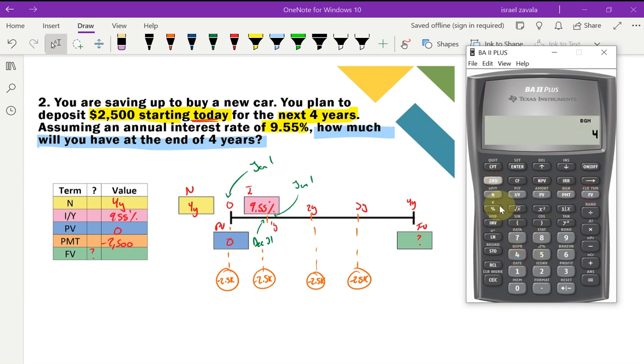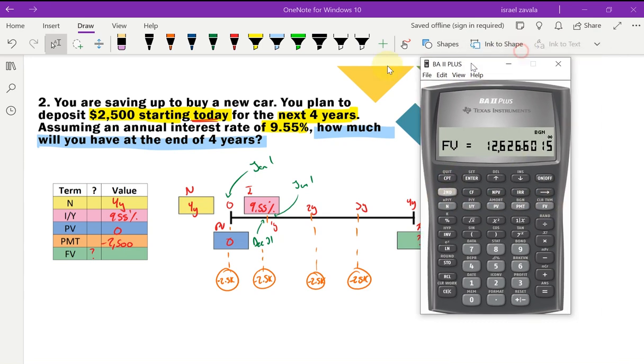Left to right, 4 years, 9.55%. Present value, we don't have a present value. Payments, 2,500. Negative because we're making payments. We're investing, right? And then we're going to look for our future value. So we're going to compute future value.